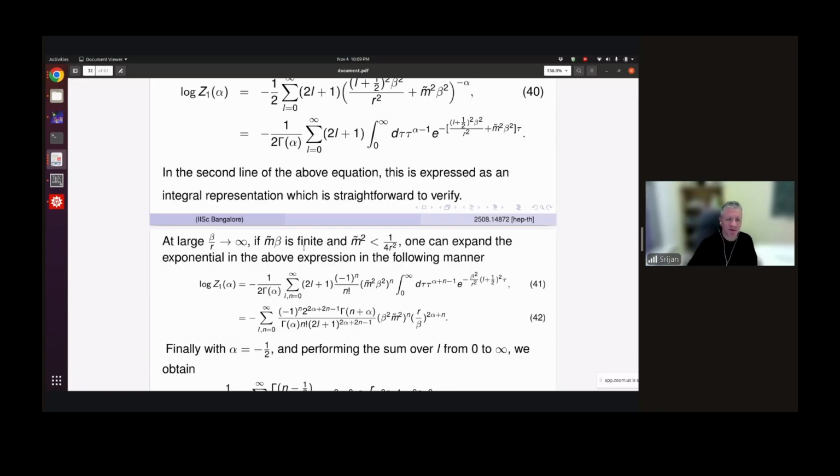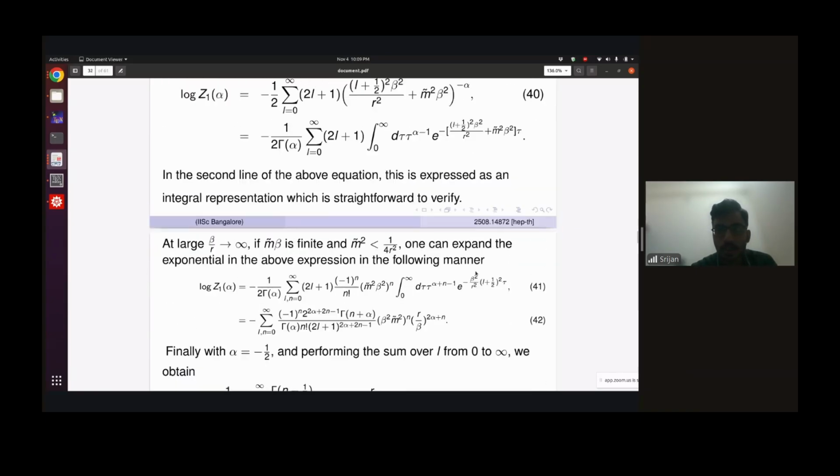Yeah, certainly, it's a conformal field. To have a conformal field at finite temperature, m tilde beta is some finite order, like order 1. At least it shouldn't be of this beta by r order. Okay, fine.